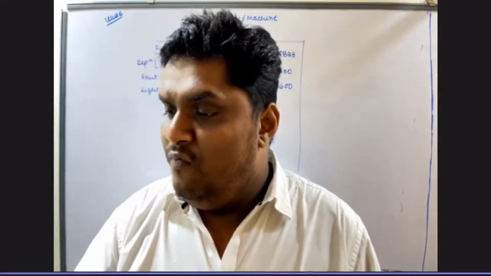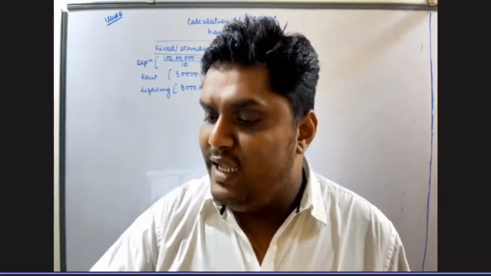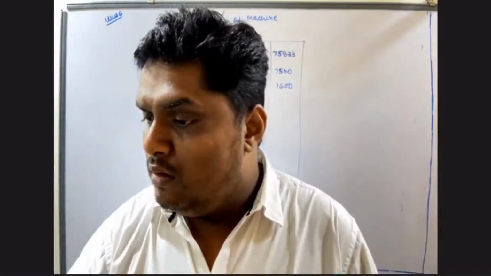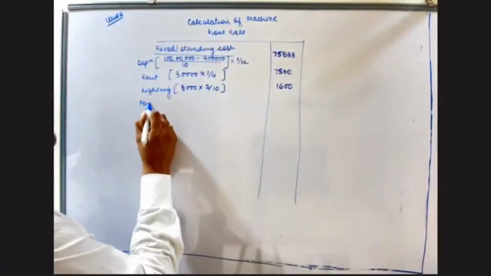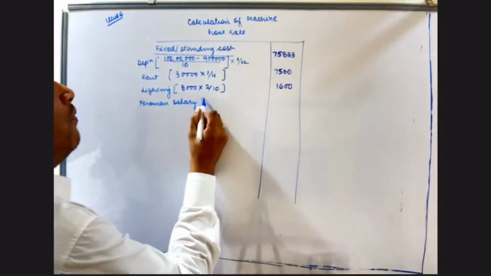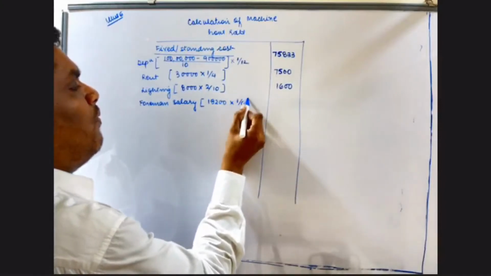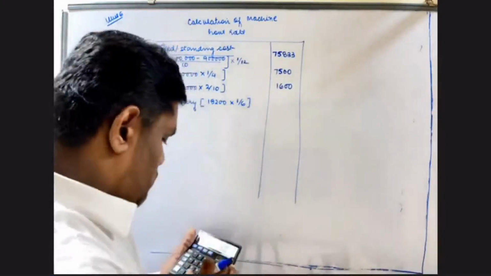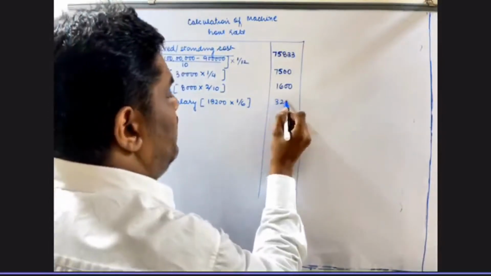Further, foreman salary is 19,200 and he has devoted 1/6 of his time to the machine. This will be 3,200.